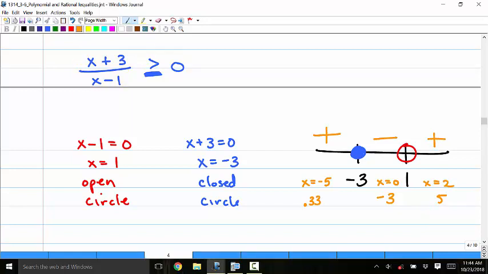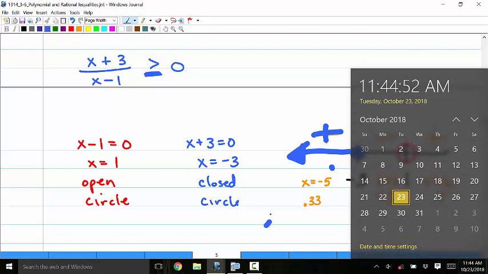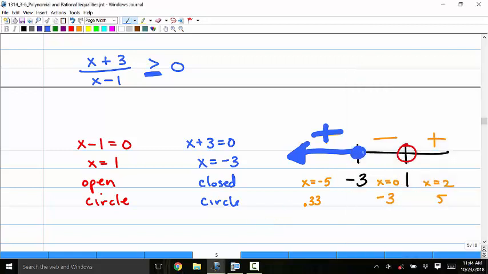My original inequality right here is greater than or equal to. So I want the pluses. I want this piece because it was a plus. I want this number because it was equal to. I do not want 1, but I want everything to the right of 1.